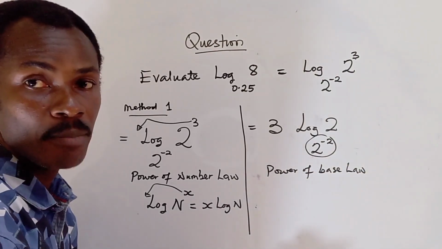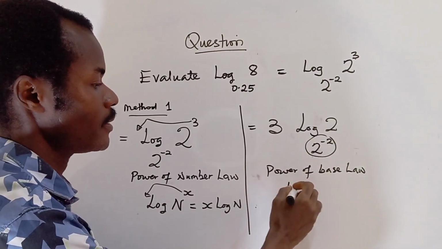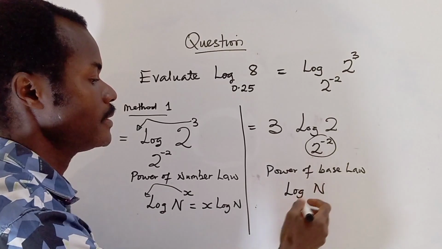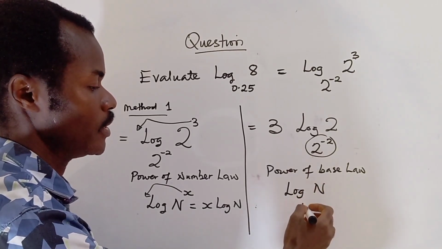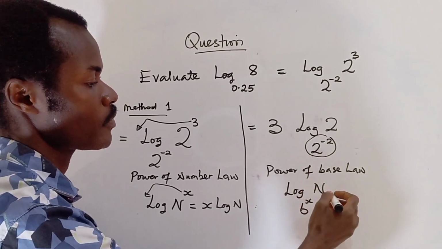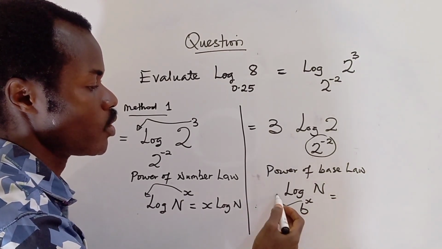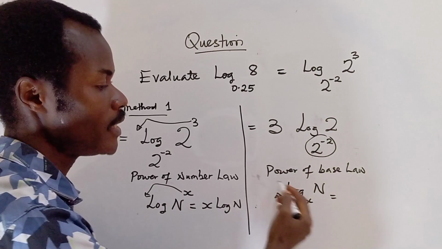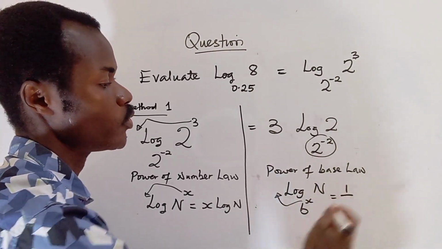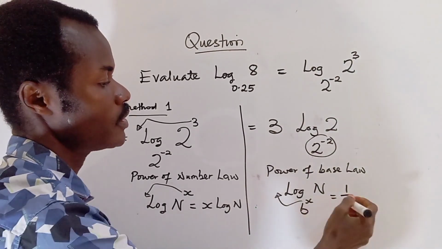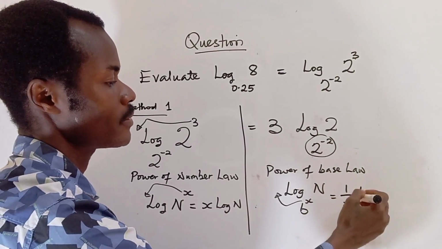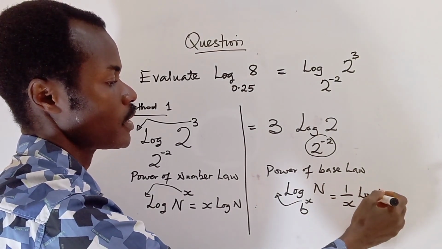Now, what do I mean by the power of base? So if I have log, let's say n, and base that has a power of x, this can come here as a coefficient, but when it comes here, you are going to put 1 over all this, so 1 over x, we have log n.